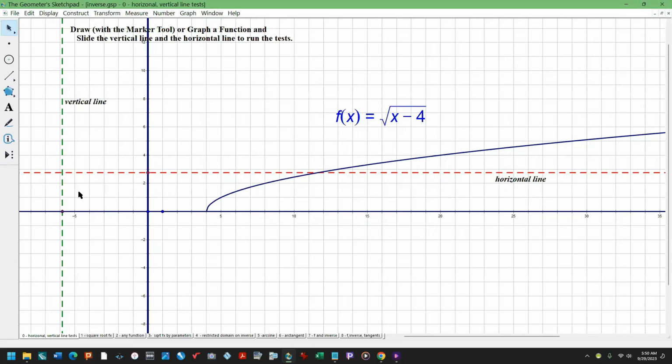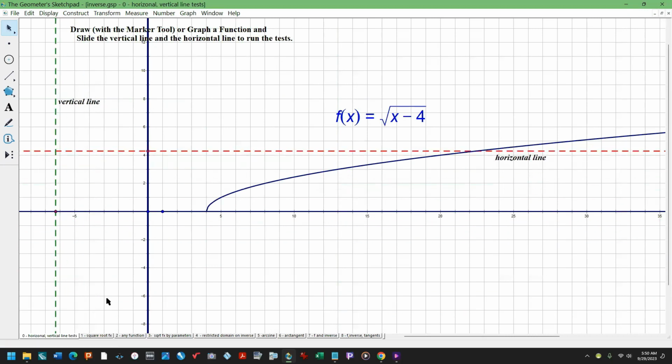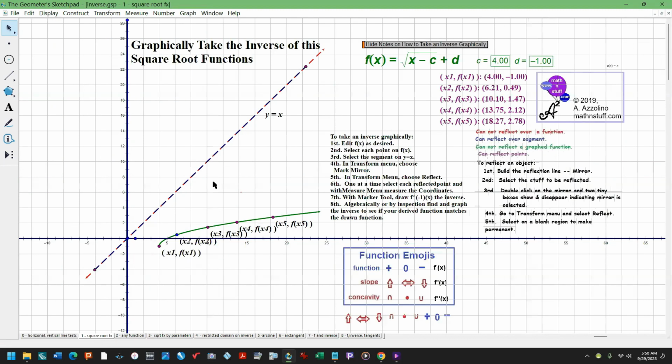We start with a vertical line test and a horizontal line test. A square root function is a great one to find an inverse of. This toy graphically takes the inverse of this square root function.